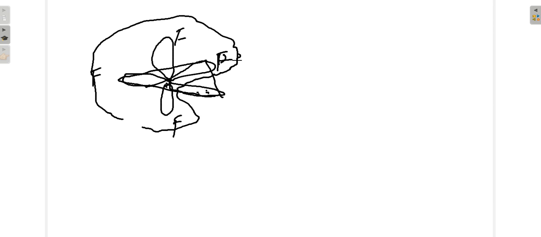The shape looks like an irregular tetrahedron. It's an irregular tetrahedron because the lone pair is not considered in the structure. You can also call it a structure which is like a seesaw, but in general it is an irregular tetrahedral structure.